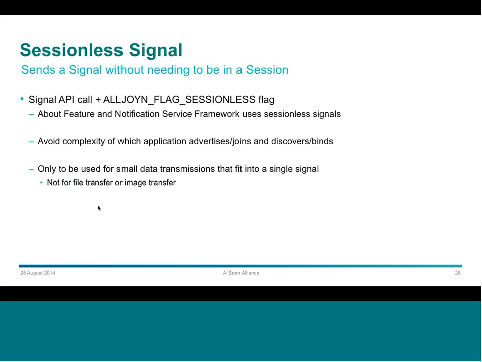The reason is that each signal that you send out that's sessionless, there is an overhead associated to it. So that forming a session and connecting up and binding, that's now moved into the AllJoyn Software Framework itself. So you're creating a temporary connection and then tearing it down each time you receive a sessionless signal.